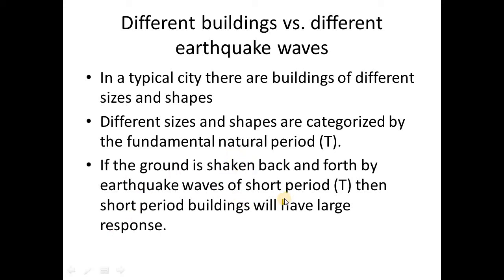This is an assumption. If we assume that there will be an earthquake of a single type of waves, then the building that would have high response to those waves would be the building of the same period, which means short period with short period.